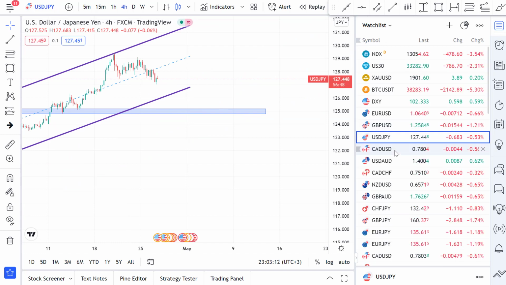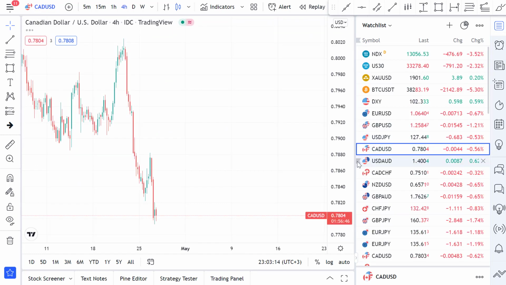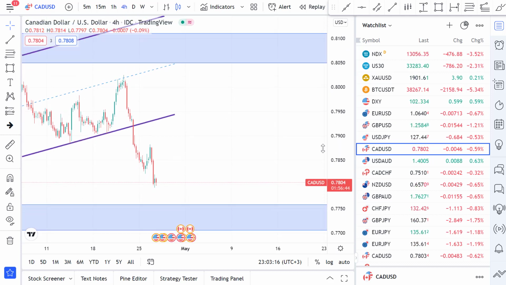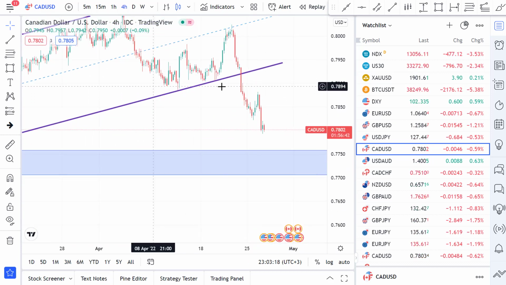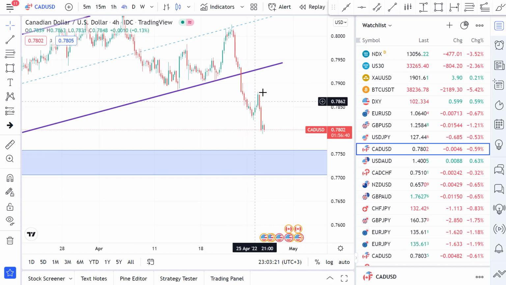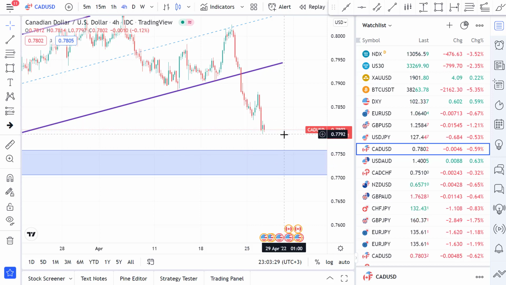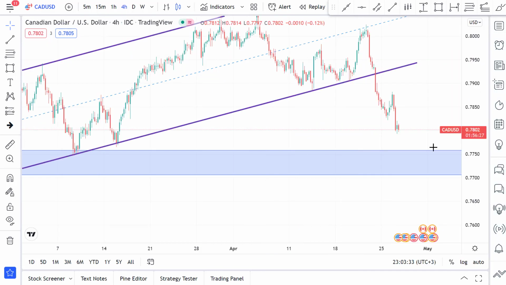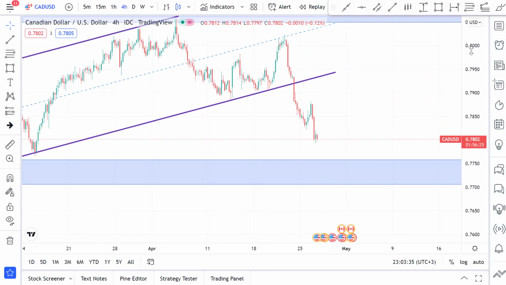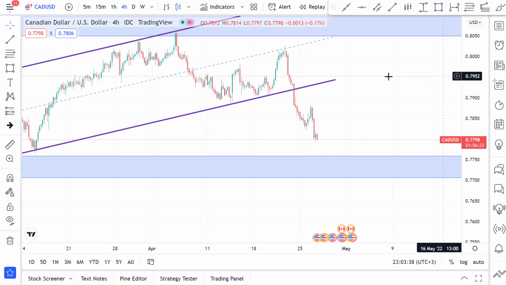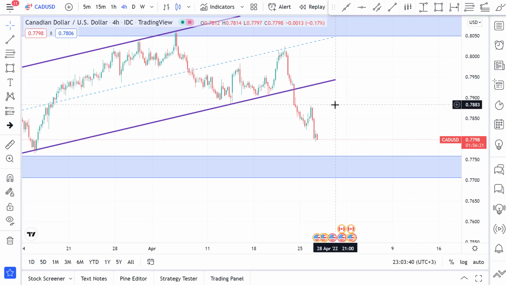All right, and we are going to focus on Canadian dollar USD. I told you that we had a breakout of this zone and just pulled back to this zone again, and for the rest of the trend, what I expect for tomorrow would be this area, or maybe a trading range here. We should wait to see what might happen, but as you know United States dollar is getting more powerful, as I told you.